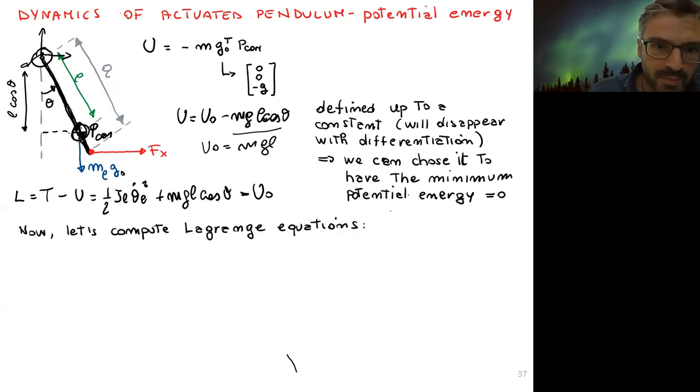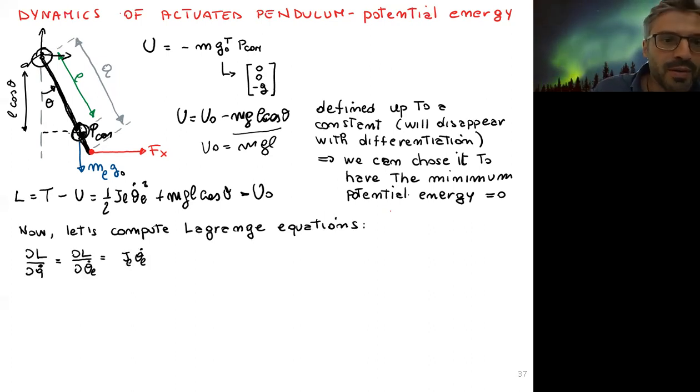Now we can apply the Lagrange equations. First, we compute the derivative with respect to q dot. We said that our q is theta L. So we compute the derivative with respect to theta L dot, which is, because JL is constant and the 2 cancels with the 1/2, JL theta L dot.